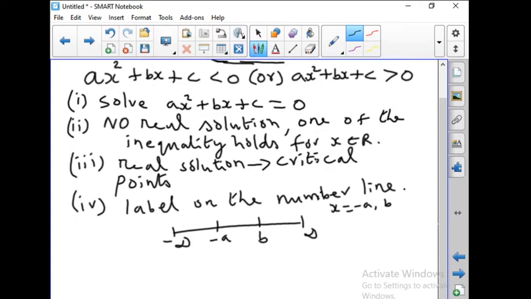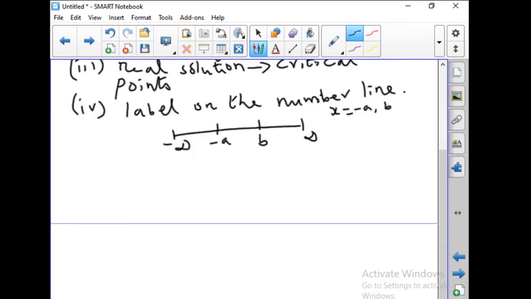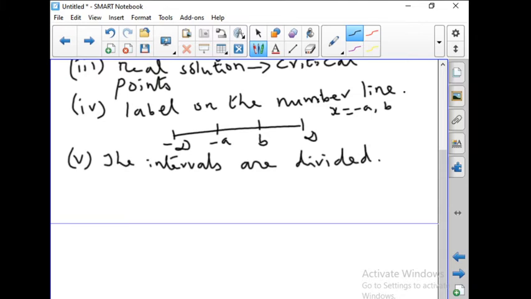Note that these critical points divide the number line into disjoint intervals. Now we will follow a different method: always start from the right side.